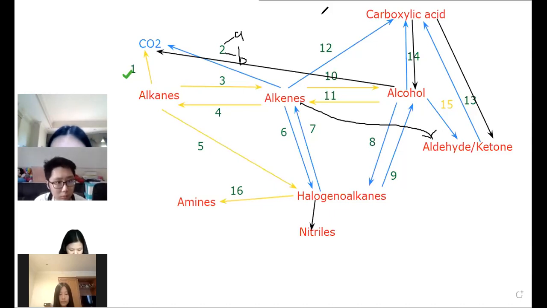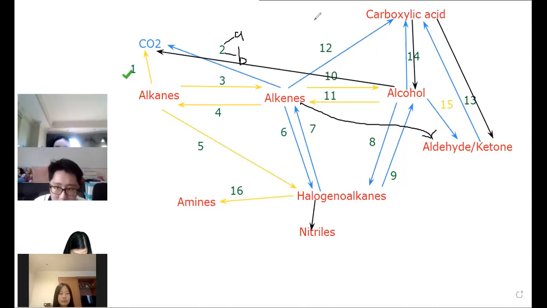What is the catalyst? Alkenes become carbon dioxide. Yes, Lawrence, do you still remember? Can you recall? No, teacher.